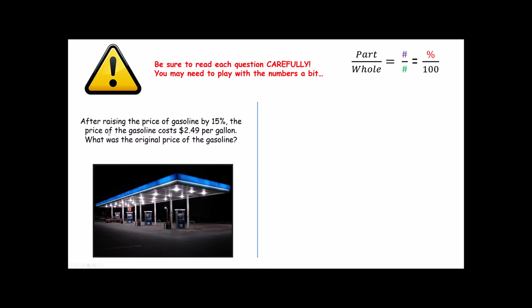But notice what we have here. After the increase, the price was $2.49. Now that's going to mess with our thinking just a little bit because in this case, the new price is what's given to us, the $2.49. The new price, since we're given that, that's going to be a percent of the old price or the original price.